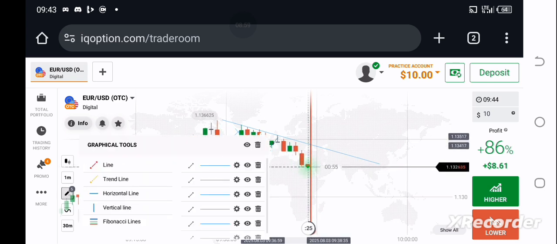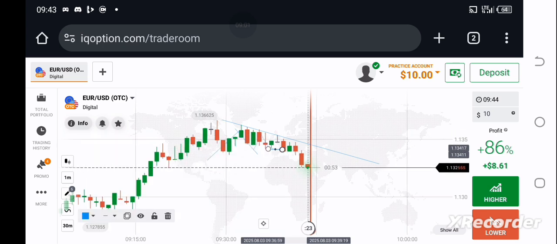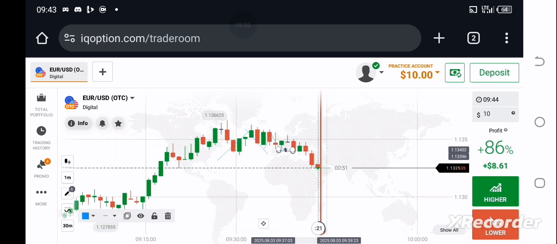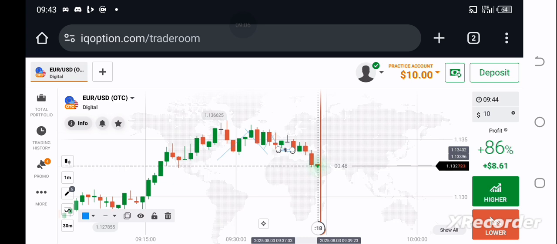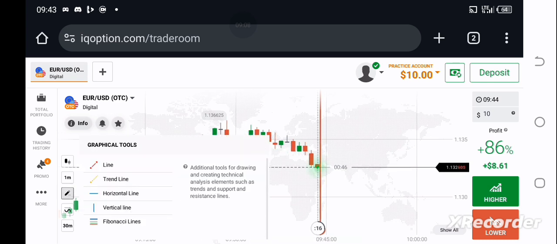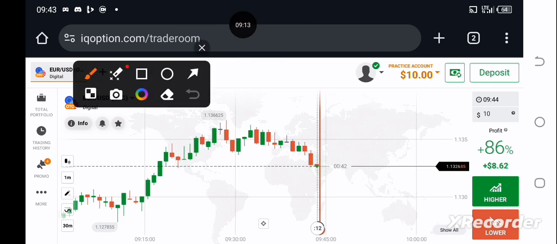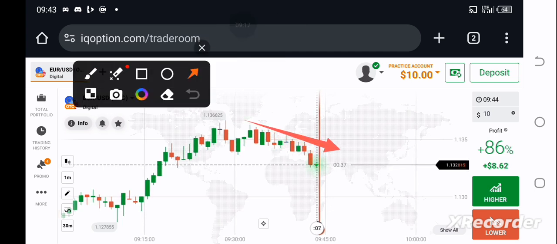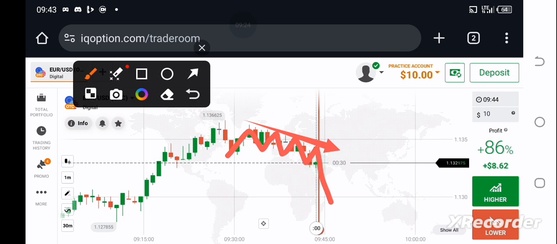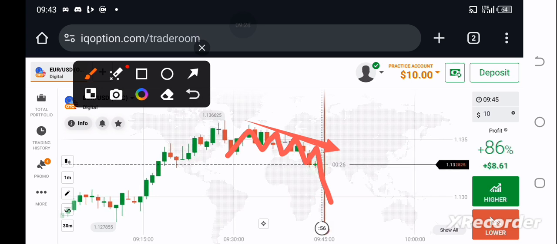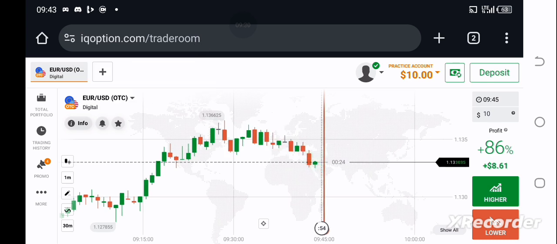So you can see in this situation, the market is changing its direction. Okay, it is changing its direction. If you draw properly like this, you can see that the market is going down like this. So you can see that the market wants to change direction. This is how the market gives ideas on how to change its direction if the market wants to change its direction.